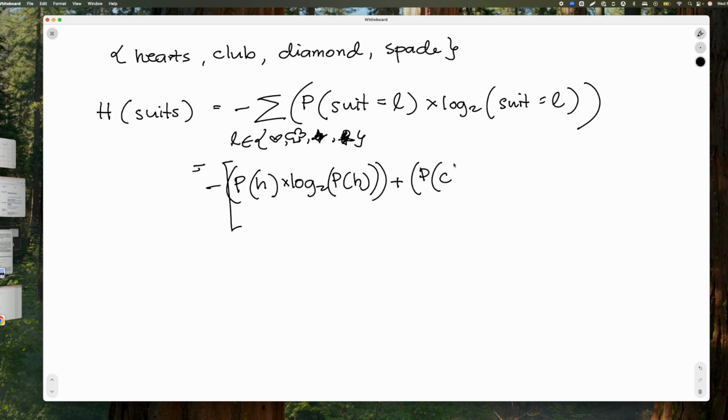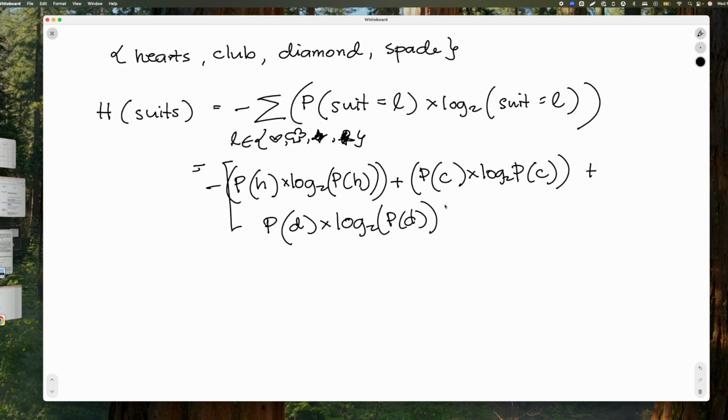Probability that it's a club times log base 2 of the probability it's a club, plus probability that it is a diamond times log base 2 of the probability of it being a diamond, and another plus the probability of being a spade times log base 2 of the probability of being a spade.